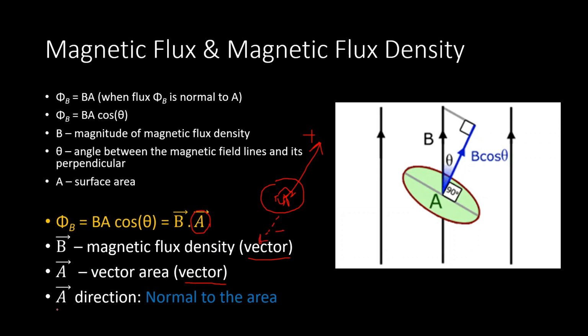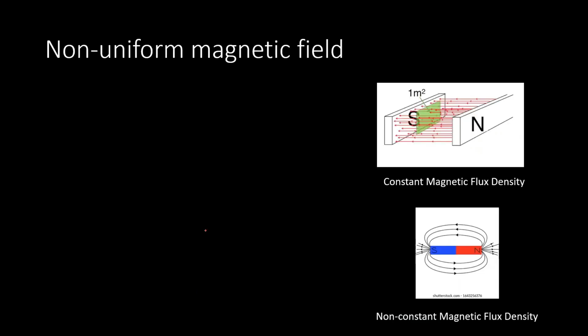So we arbitrarily give A a direction, which is normal to the area, shown with the blue line here. Okay, so then we can say the magnetic flux is equal to B times A times cosine theta, or the dot product between B and A.